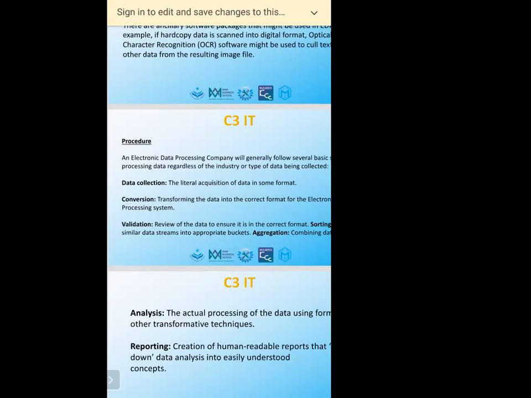That means accepting only the correct range of data. That is called validating the data. Once your data is validated, you will have the correct range of data for your usage.